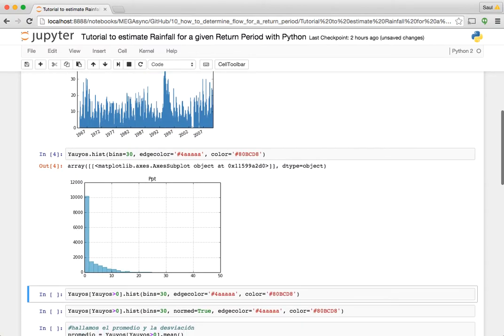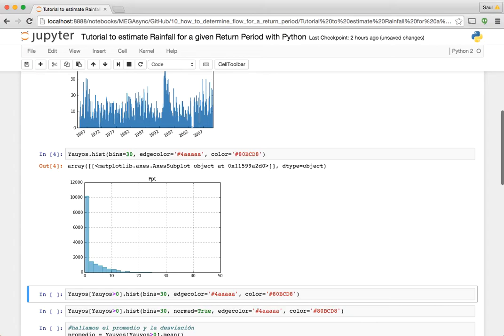This is the histogram for the whole precipitation data, but in fact, and this is something that I didn't find in my hydrological groups, is the precipitation estimation for a given return period done with the whole set of data or just with the days where there was precipitation?